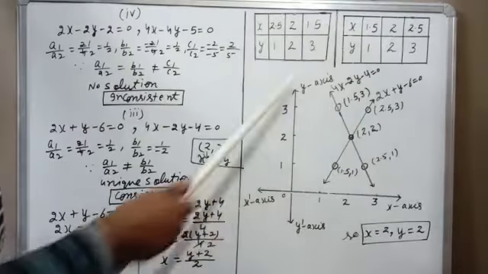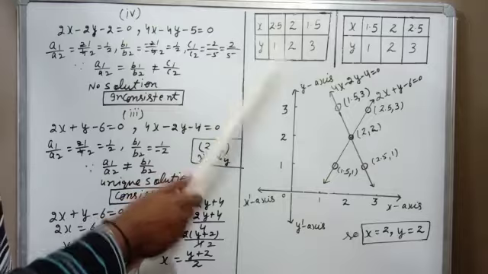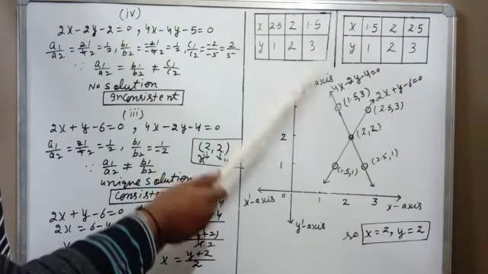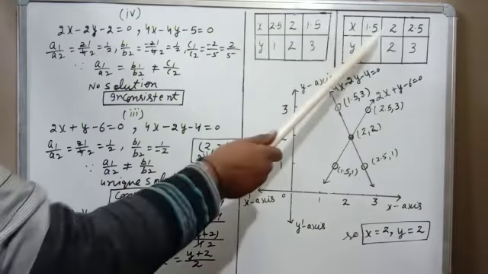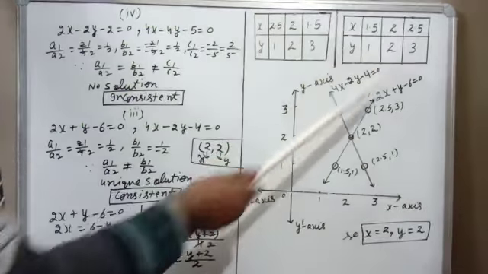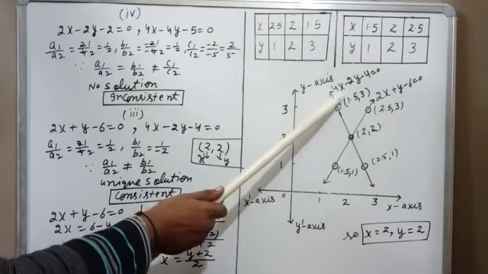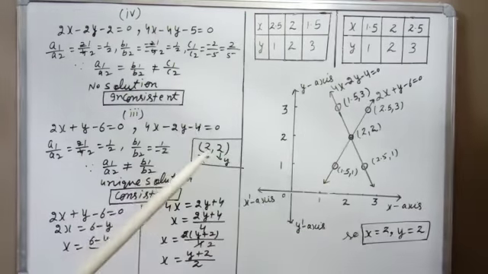It is common. So now we will draw its graph. So the first point 2.5 and 1, this point represents this. 2, 2, this point represents 1.5 and 3, this point represents this. Then 1.5 and 1, this point, 2, 2, same point, 2.5 and 3, this point. So let us join these points. This line will represent 4x equal to 2y minus 4.